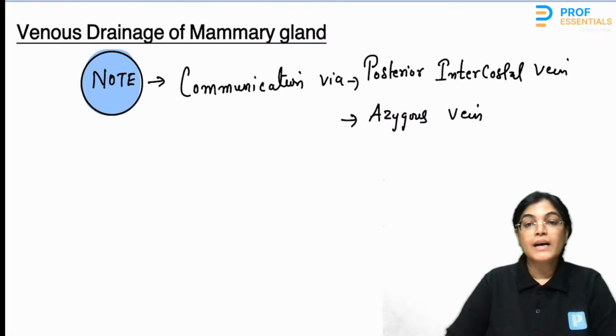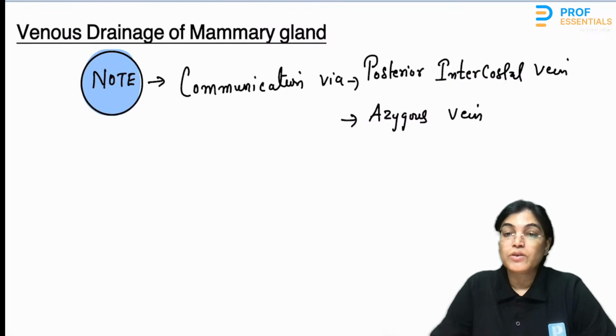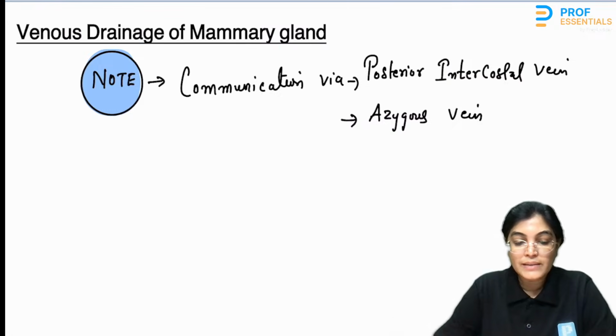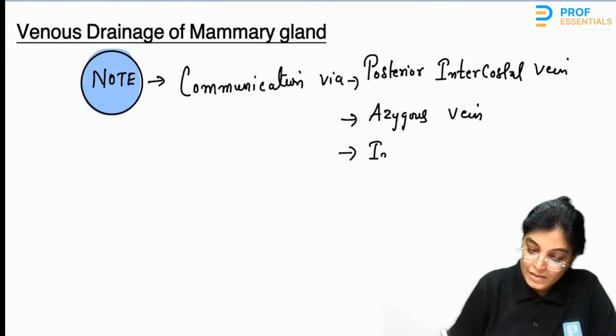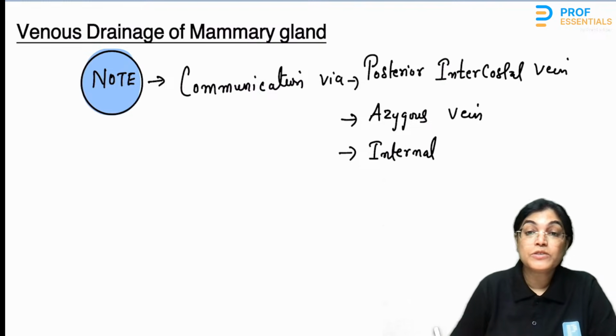When I take the class on the thorax and the intercostal space, I will show you how the posterior intercostal vein drains into the azygous vein. And internal vertebral venous plexus.